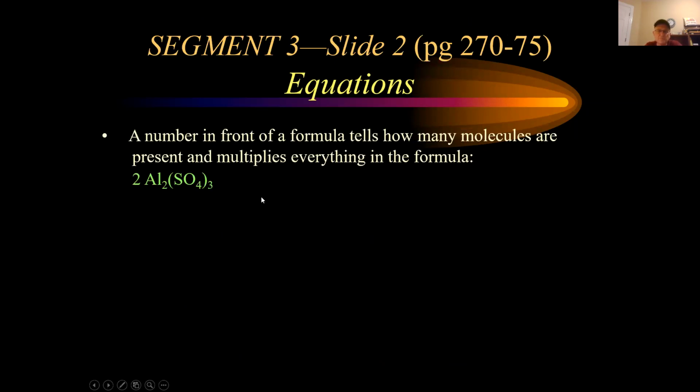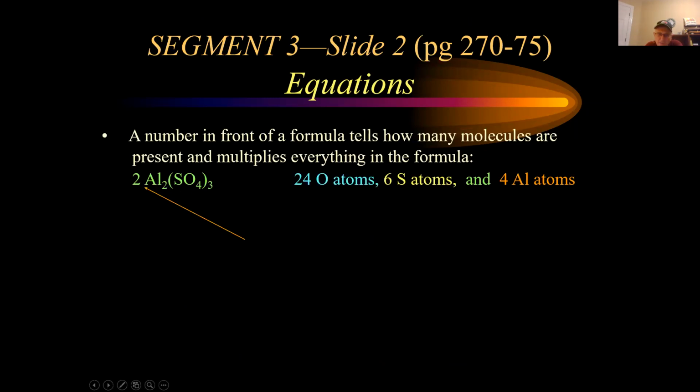Now, I want to also help you with interpreting formulas. We've done everything except this 2 out front already in some checkpoints. And now, I want you to look at how we get the number of atoms of each element. This 2 multiplies everything that follows it.